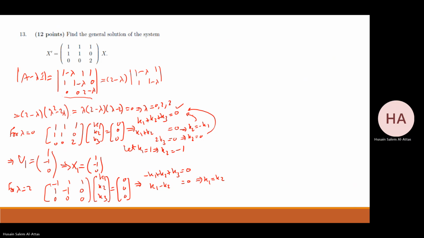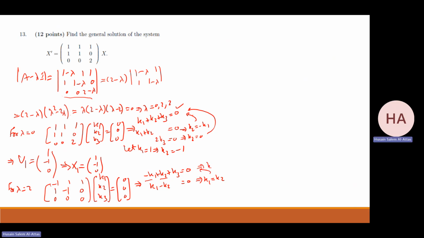Is it 1 minus 2? Lambda equal 2, yeah. Just to be sure. Yes, that's correct. So I plug it here.